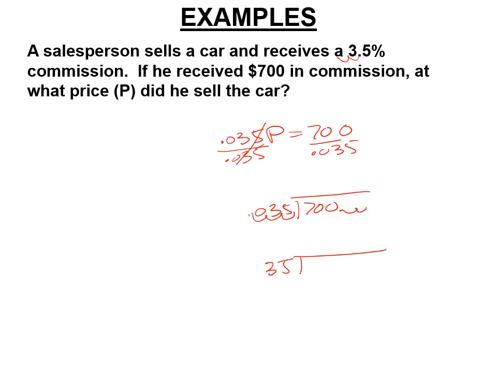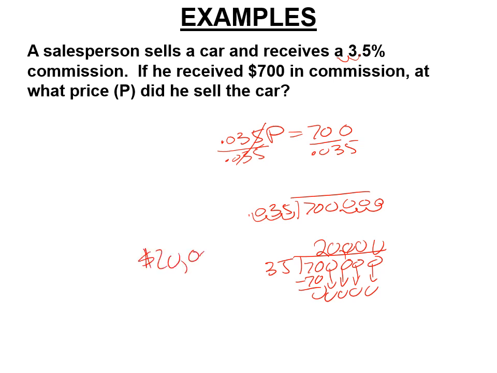And then 1, 2, 3 to make that 700,000, right? 35 goes into 70 twice. And now we need a bunch of zeros. Let's be neat here. And the car was $20,000.